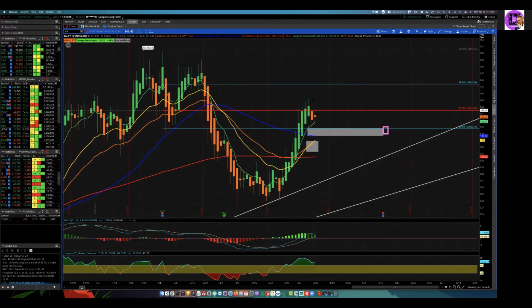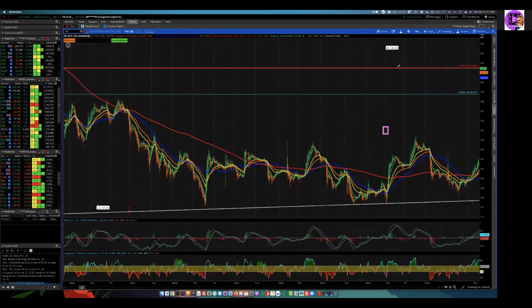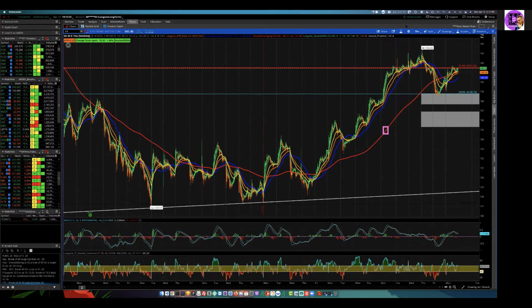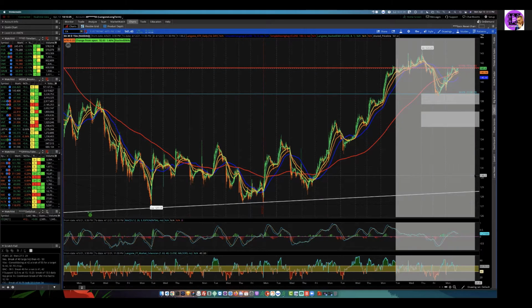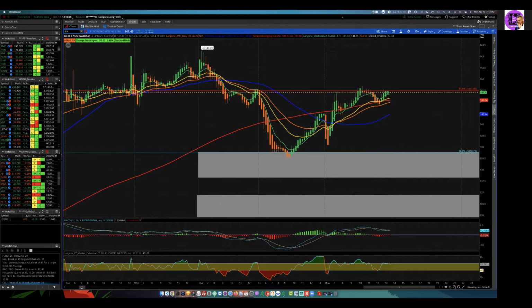So bringing it down onto a lower time frame, price action decided it wanted to do what I asked it to do, right? Friday it came down, found support. This morning, since we were under the 200 SMA, we sold off. A lot of that was probably computer generated.